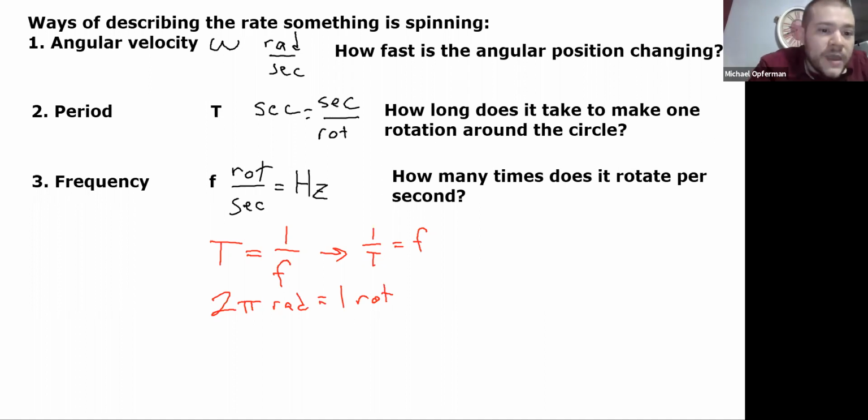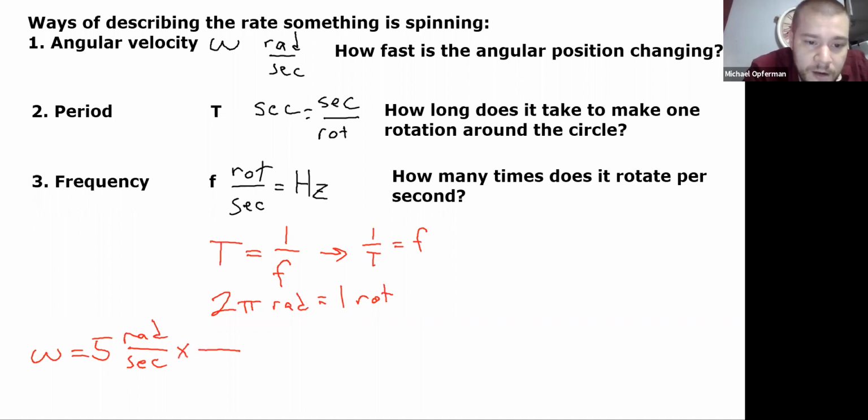So for example, let's say something is spinning at a rate of, let's say, my example from earlier in the lecture. Let's say you're given omega equals 5 radians per second. And let's say you want to know the frequency. How would you do that? Well, treat this as a unit conversion. We have radians in the numerator.